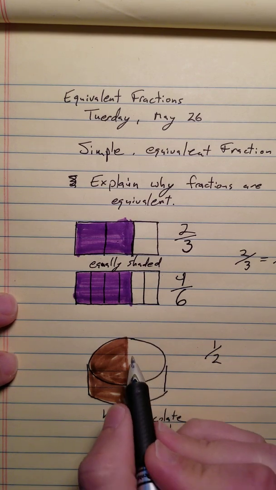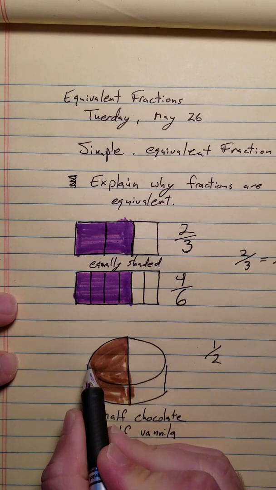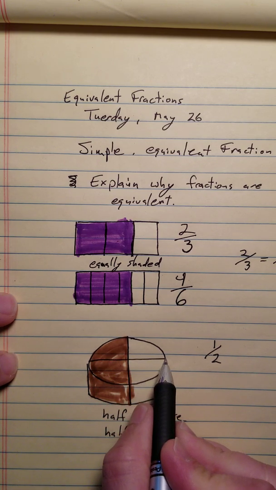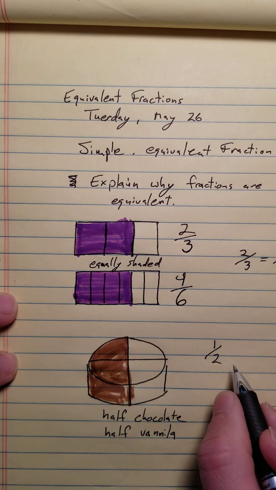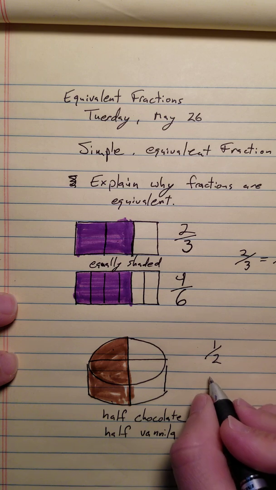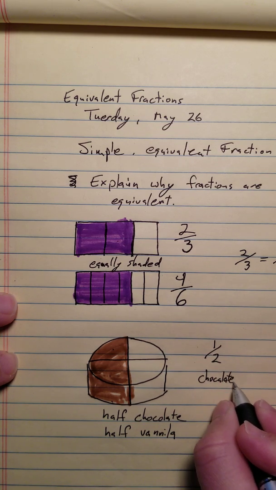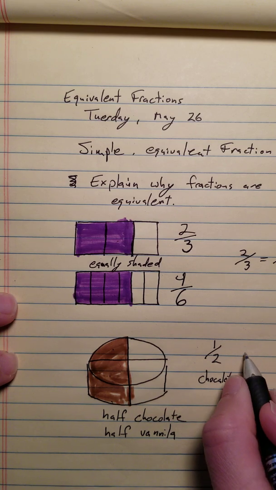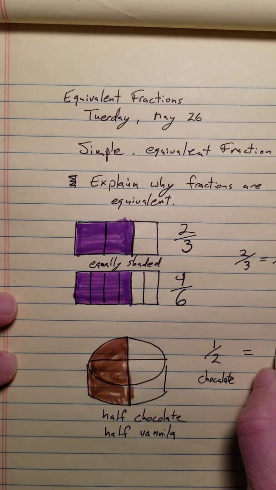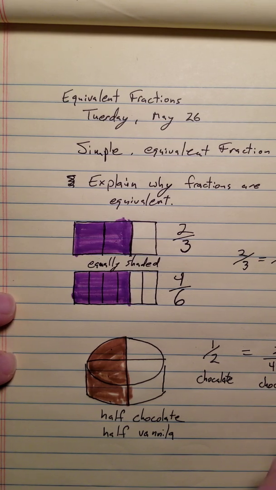Half chocolate, half vanilla. But let's cut it up into fourths. Now, 2/4 is chocolate. It's still true to say that half of the cake is chocolate, but now it's also true to say that 2/4 is chocolate.